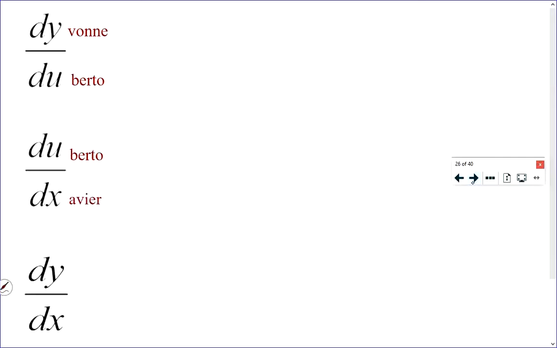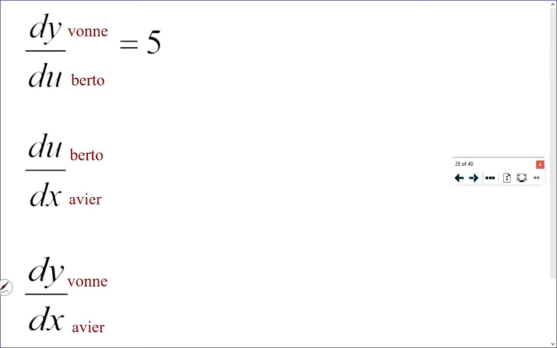So dy du is a comparison of something about Yvonne to that same thing about Uberto. And du dx is a comparison of Uberto's property to Xavier's, and then dy dx would be a comparison of Yvonne's to Xavier's.